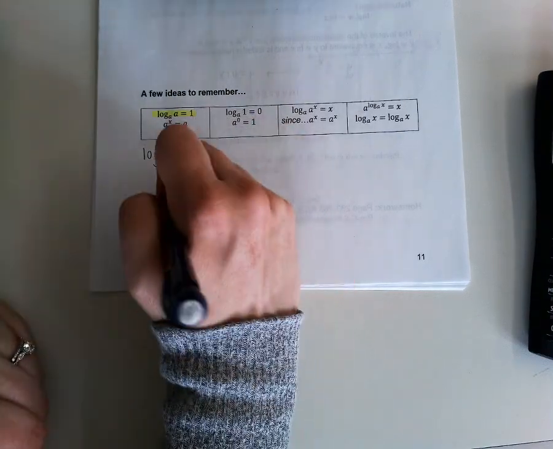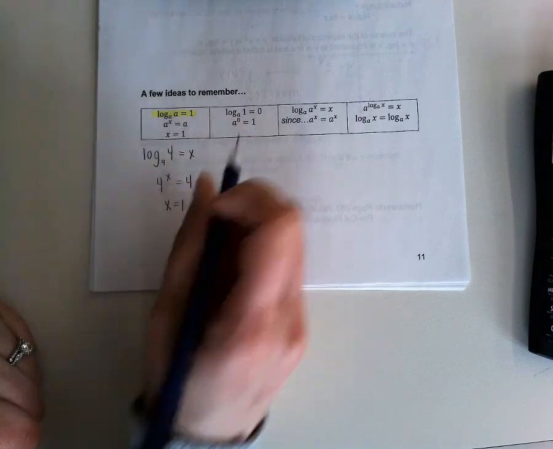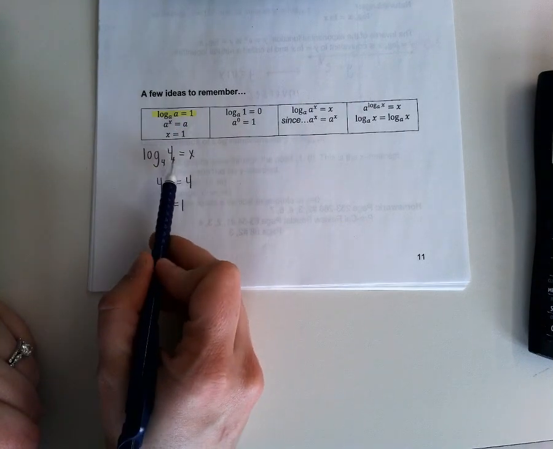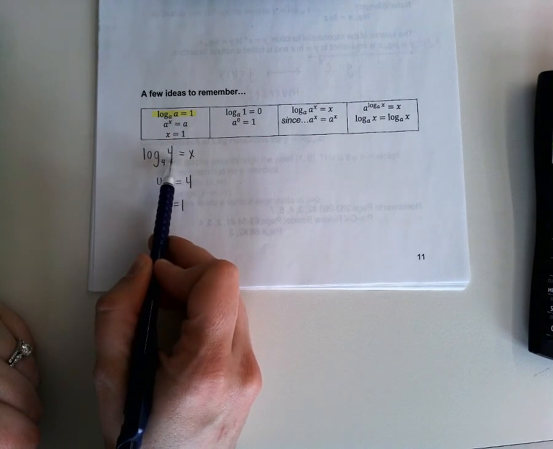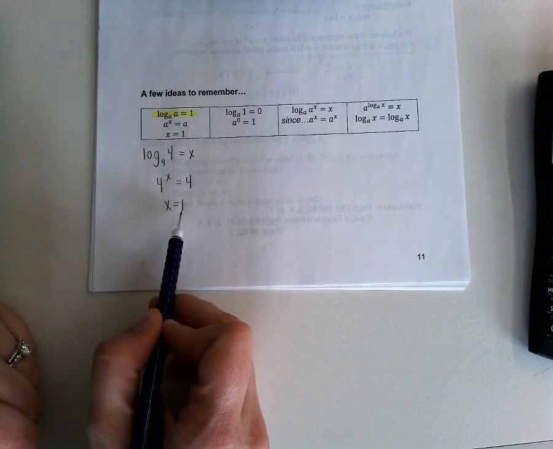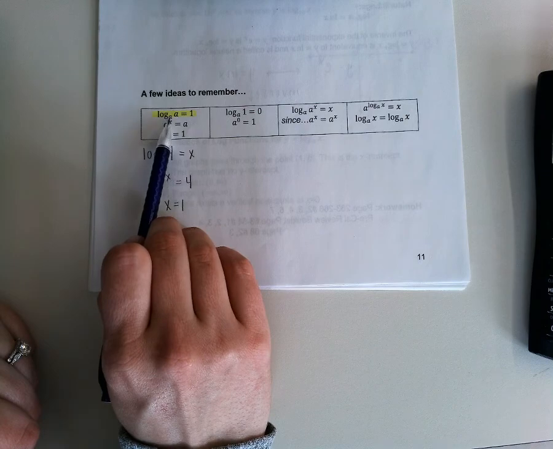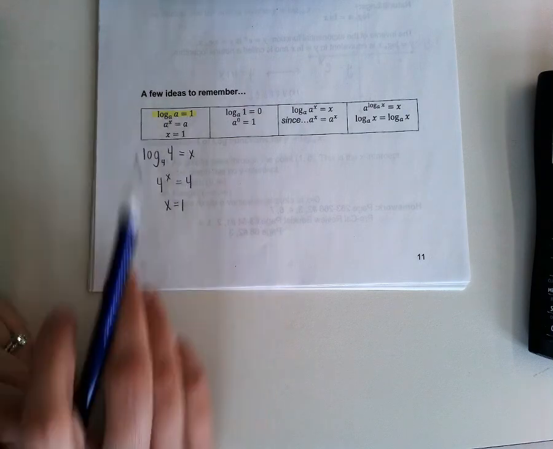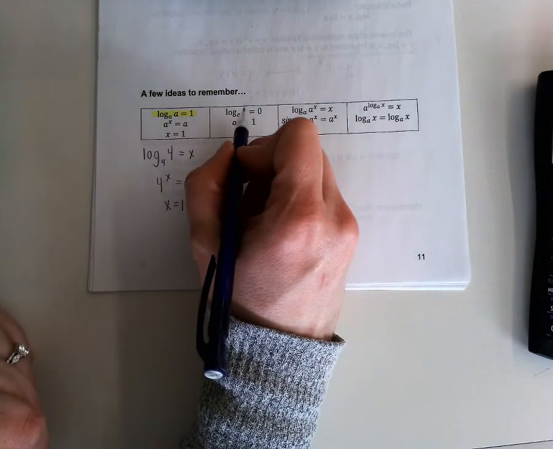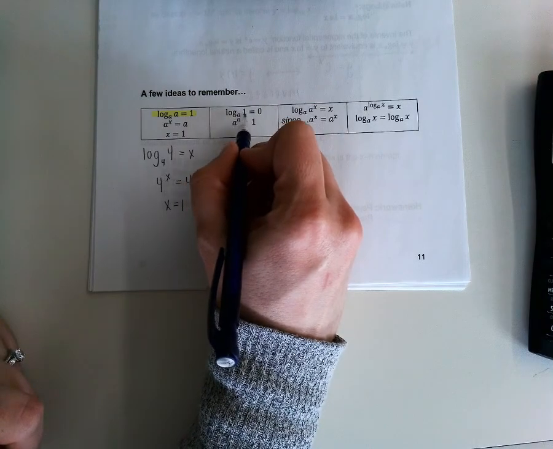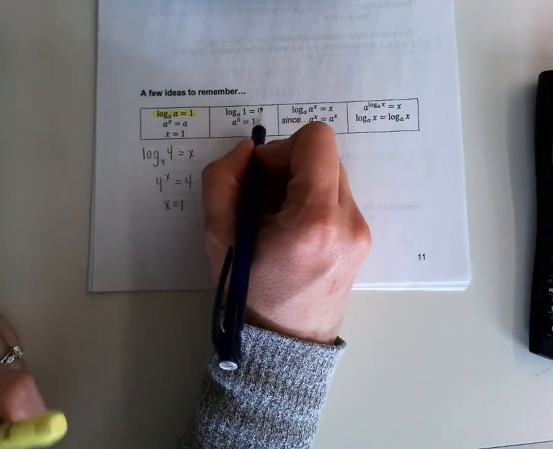Well, that will always be 1, because if the base here is the same as the body of the log, then this exponent will always be 1. So when you have log base a of a, or a number and itself, it will always be equal to 1.